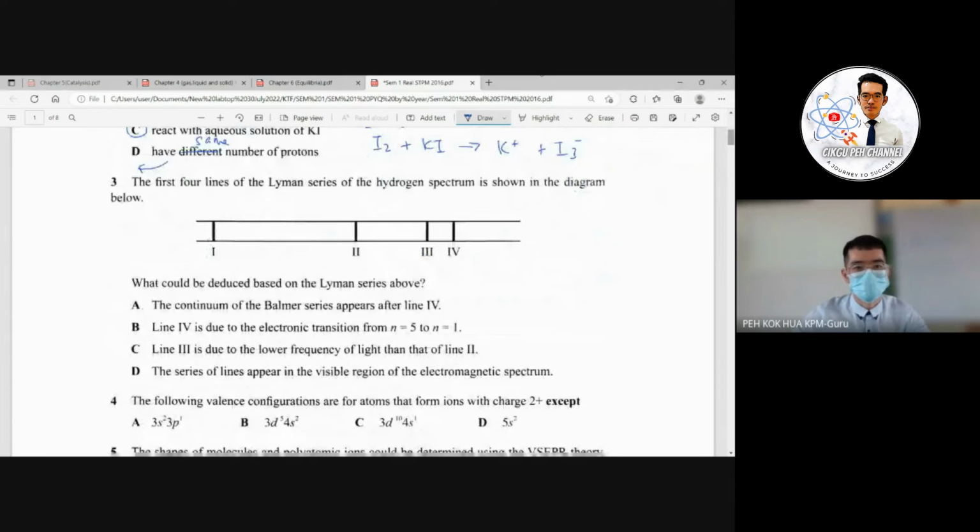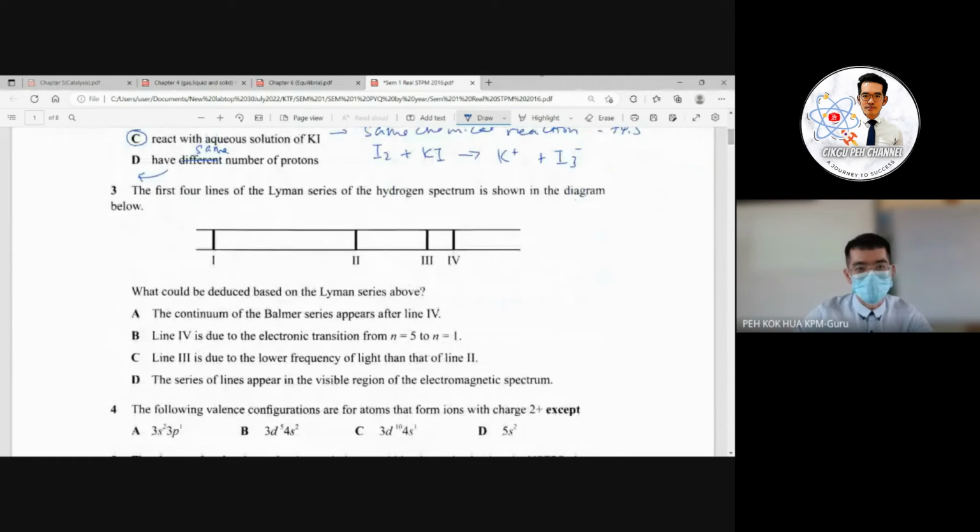Okay, then the next, number 3. The first 4 lines of the Lyman series of the hydrogen spectrum are shown in the diagram. We know that in the Lyman series, n drops from infinity down to n equal to 1, and the Lyman series is in the UV region. So the first option: what could be deduced based on the Lyman series above? The continuum of the Balmer series appears after line number 4.